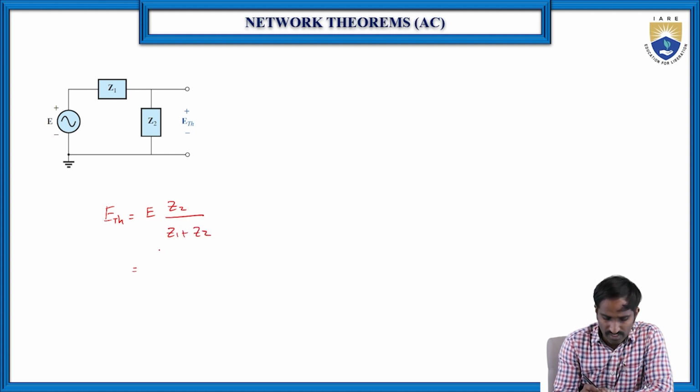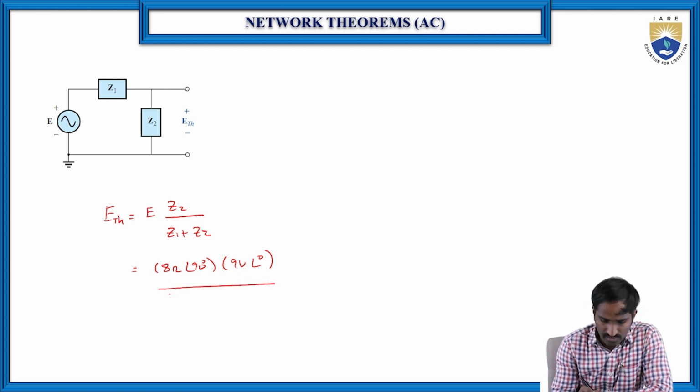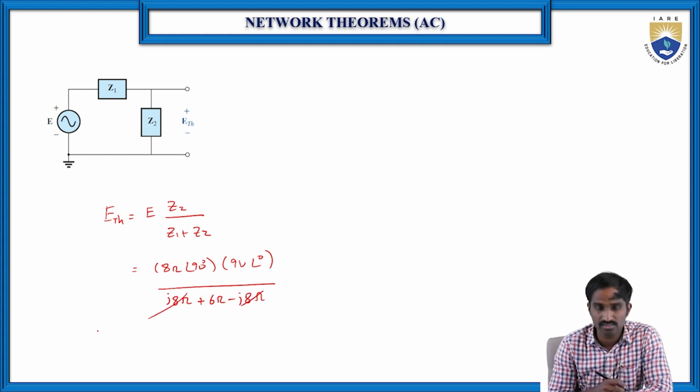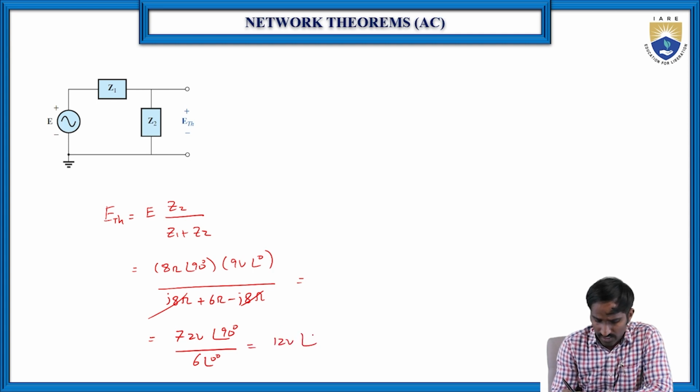Then substitute the values: Z2 is 8 ohms at an angle of 90 degrees, into 9 volts at an angle of 0, which is the E value, divided by Z1 plus Z2, in rectangular form J8 ohms plus 6 ohms minus J8 ohms. Again J8 and minus J8 get cancelled. Then you will get 72 volts at an angle of 90 degrees by 6 at an angle of 0 degrees, and if you simplify further, you will get 12 volts at an angle of 90 degrees.